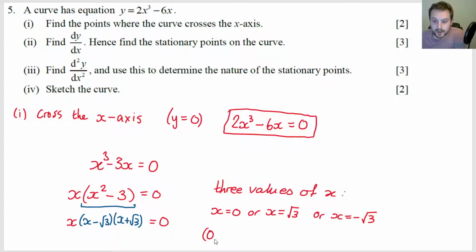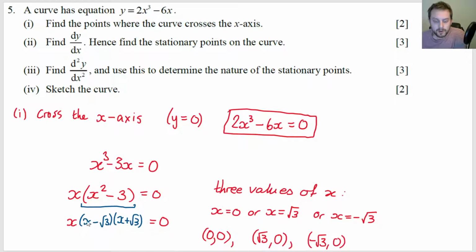So that's (0, 0), and of course it's not a lot of extra work, is it, because the y number is all 0 on the x-axis. So we've got those 3 coordinates there. So that's where this curve crosses the x-axis.